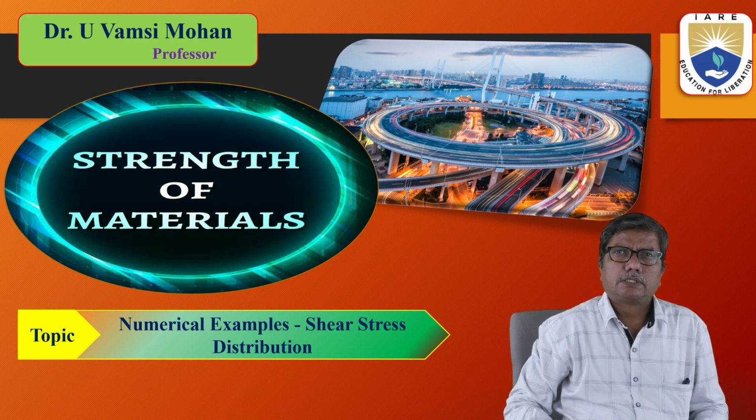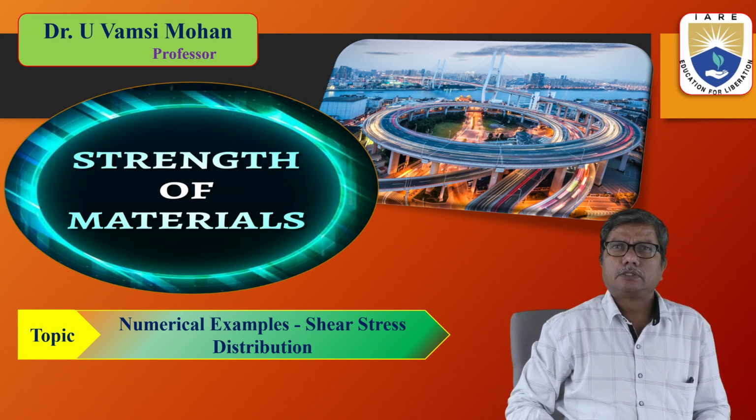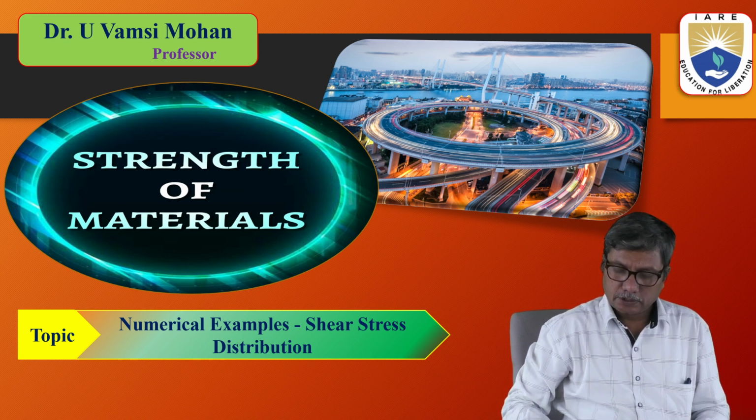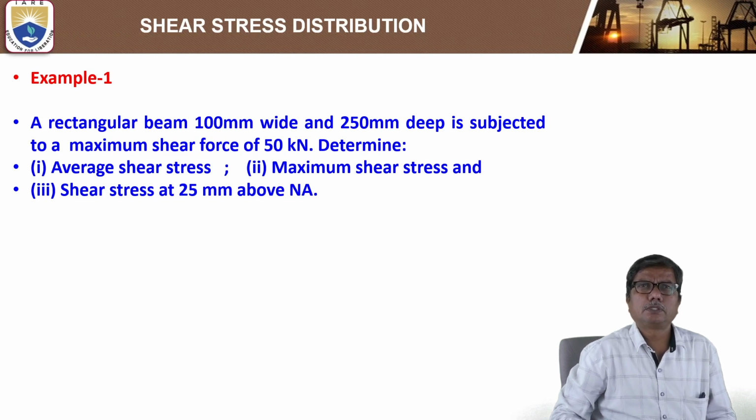In this session, I'm going to discuss some examples on shear stress distribution across various sections. Numerical examples. First example, it reads out like this. A rectangular beam, 100 mm wide, 250 mm deep, is subjected to a maximum shear force of 50 kilonewtons.